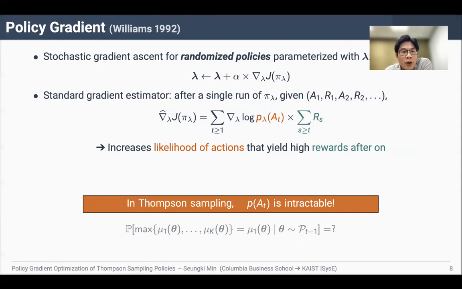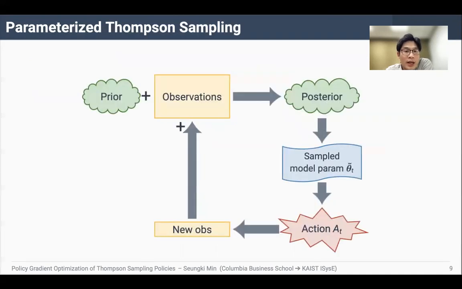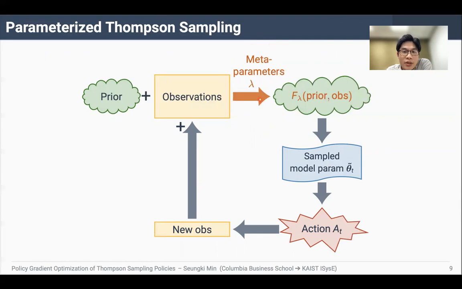So before talking about how to fix this issue, let me illustrate how to parameterize Thompson sampling. So this is the workflow of standard Thompson sampling. And we introduce the meta parameters, the tuning parameters, or the policy parameters lambda to parameterize and generalize the sampling distribution that Thompson sampling samples the model parameters from.